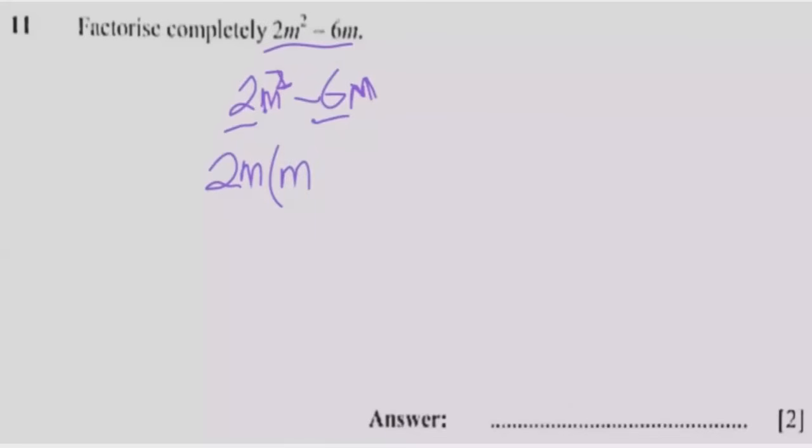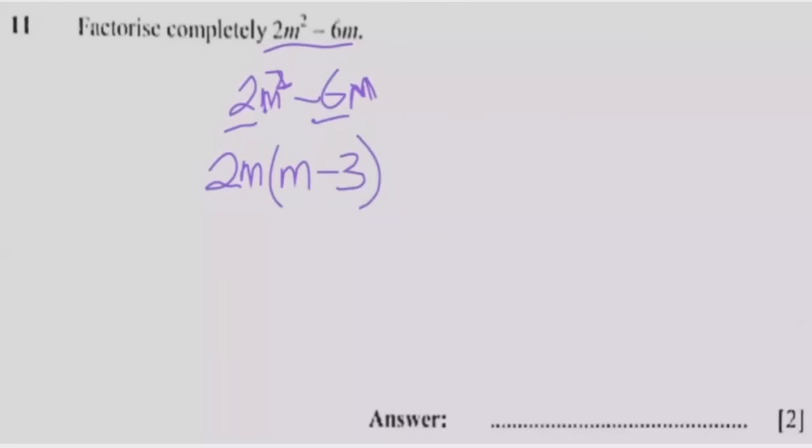Then when we say m squared divided by m will give us m. Then when we say 2m into negative 6m, it will go 3 times. When you just focus on 2 into negative 6, it's going to go negative 3 times. m into m, it's 1, so we're not going to write 1.